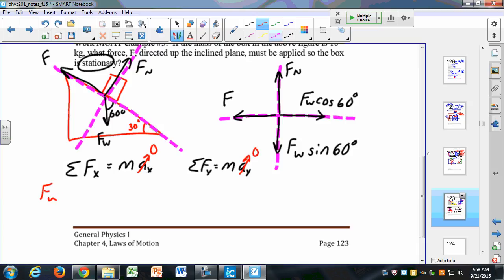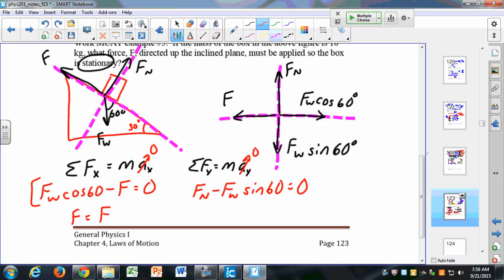I can say Fw cosine 60 minus F equals 0. And I can say Fn minus Fw sine of 60, that's also equal to 0. So if I want to know F, all I really have to do is solve this. I just say F is equal to Fw cosine 60, which is what, 86 newtons?